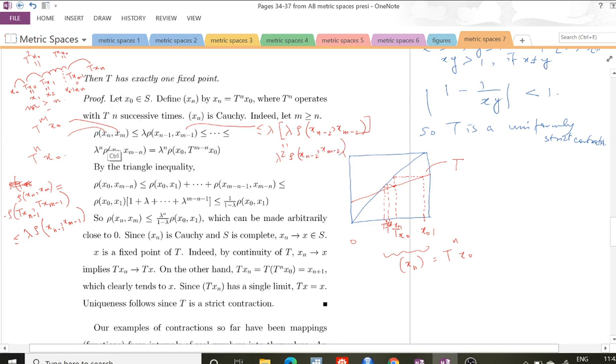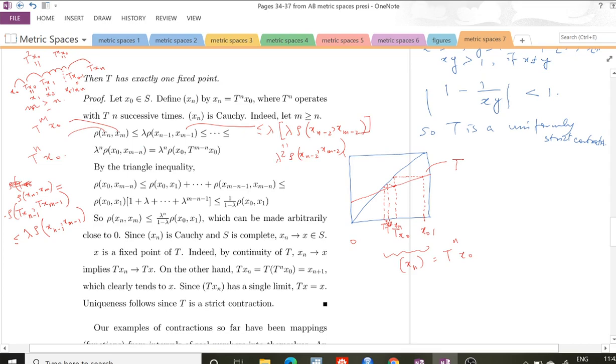And I do this n times, and I come to the conclusion that the distance between xn and xm is less than or equal to lambda to the n times the distance between x naught and x_{m-n}. So I've squeezed this distance n times to come here.